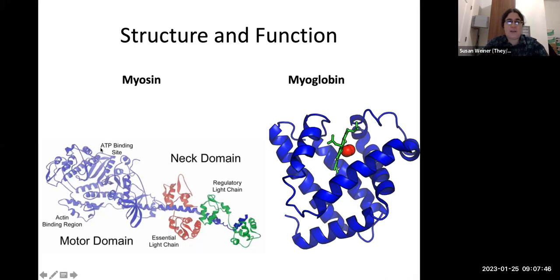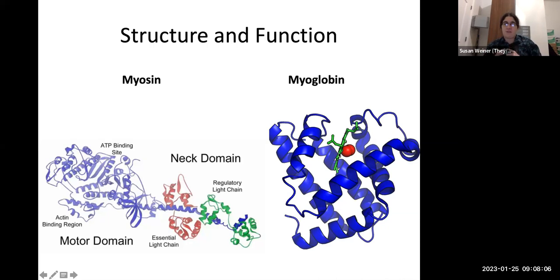So we have our ATP binding site. We have our actin binding region that grabs onto actin. We have regulatory chains. So we've got all these pieces that are holding it together, that are grabbing the actin, that are grabbing the ATP, all of these different structures.